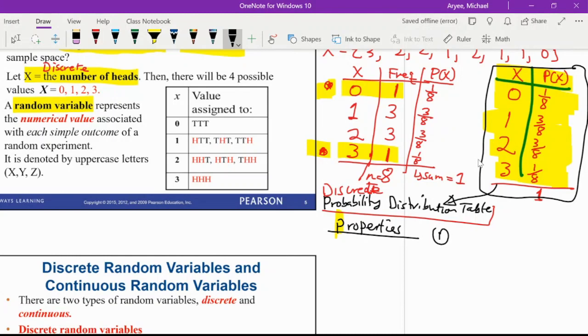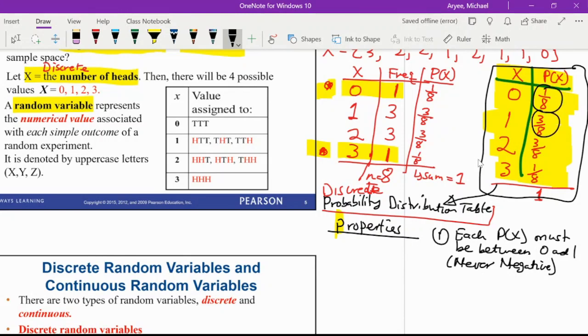Number one, each probability, each P of x, must be between 0 and 1. Each one of these numbers must be between 0 and 1. It should never be negative.